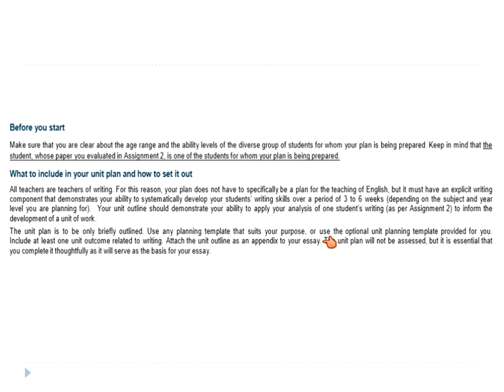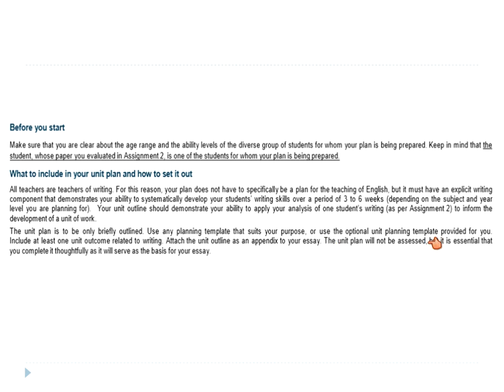Otherwise things get lost and all kinds of misunderstandings can occur. So make sure that you attach the unit outline as an appendix to your essay, because that is what we are going to use to understand the points you raise in the essay and see if there is evidence to support the points you make in the unit plan.